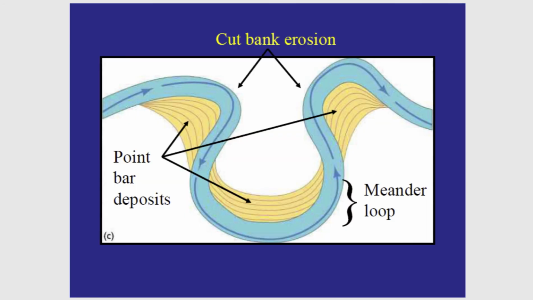Many times we can schematically represent a cut bank erosion process with two meanders that are moving in opposite directions. You are moving through this development of point bars and erosion on this flank. We are moving this meander in this direction and this other in an opposite and contrasting direction.